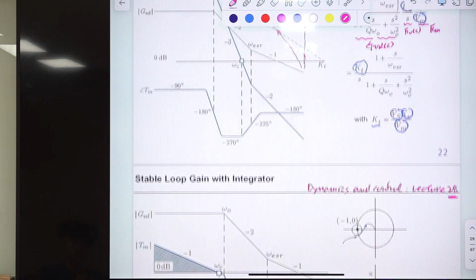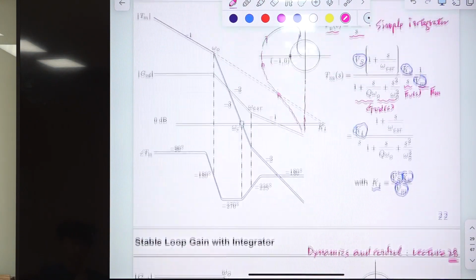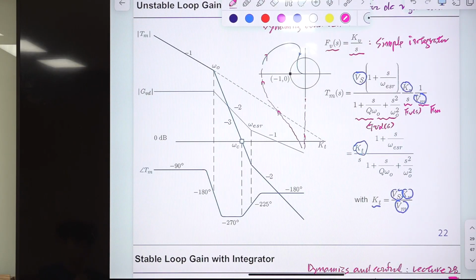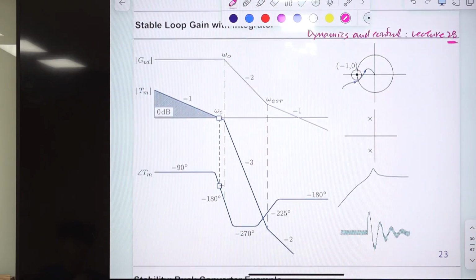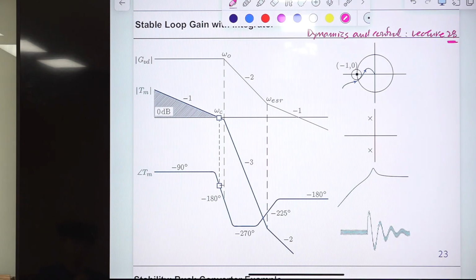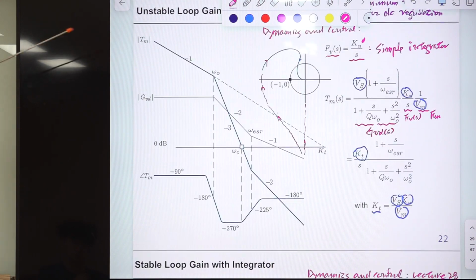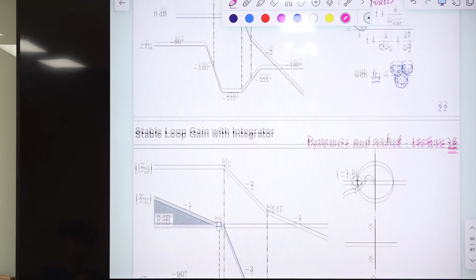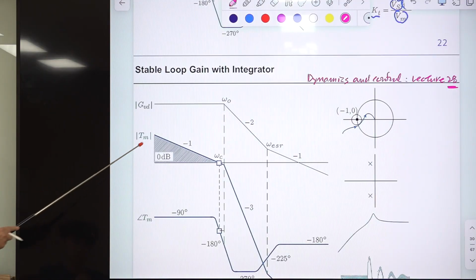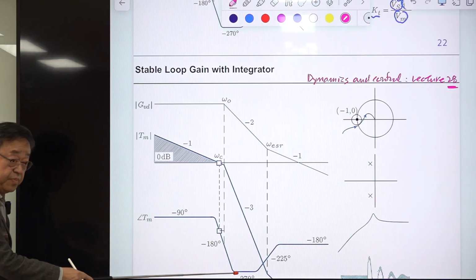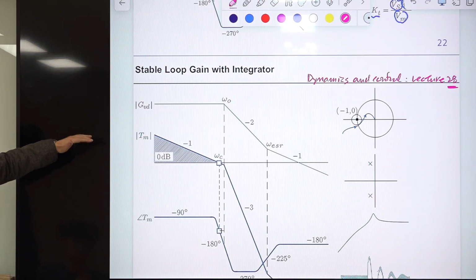Okay, so you decrease this integrator gain KV here. Okay, a much smaller value. Then this curve will go down and come up here. So this remains the same. You just touch the magnitude of this loop gain. Phase remains the same. You didn't touch the phase.